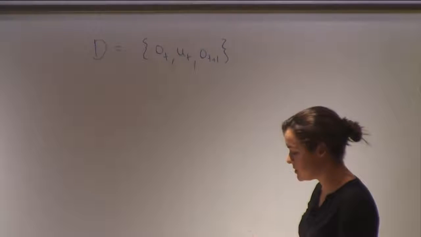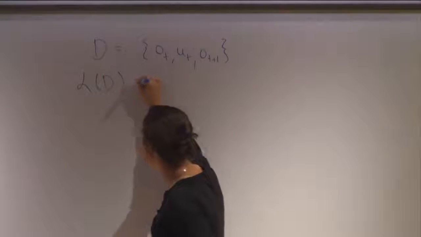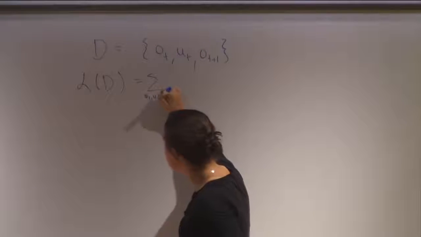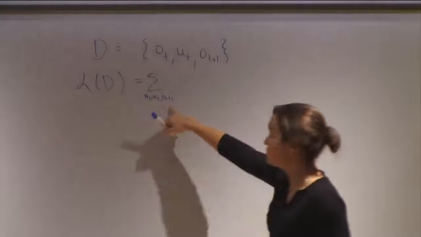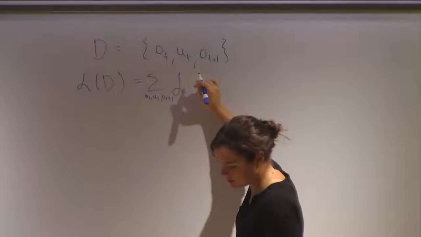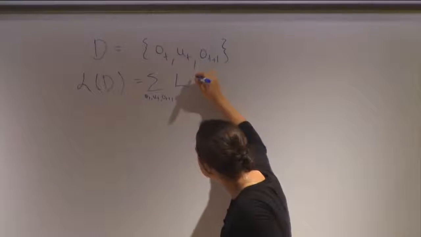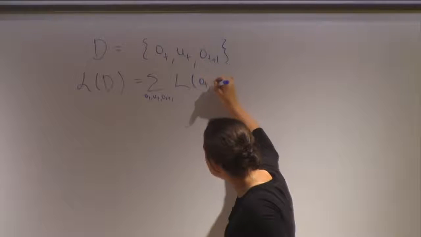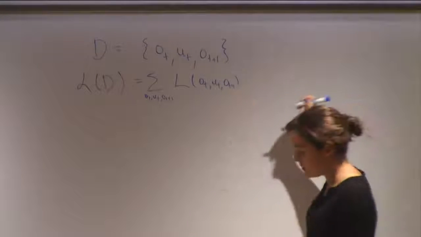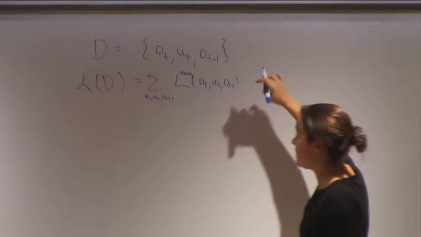And so the objective in this case, L of D, looks like a sum over the points in your data set, the triplets in your data set. I shouldn't repeat symbols. This is a likelihood term on o_t, u_t, and o_{t+1}. This is the likelihood of seeing that triplet, and this is going to be a variational lower bound on that likelihood.